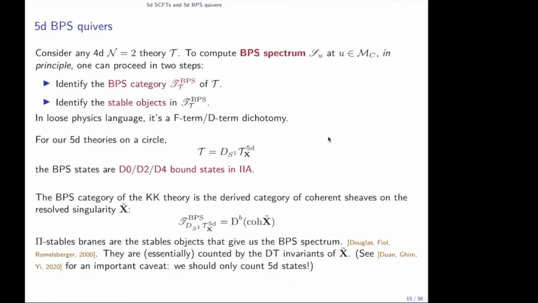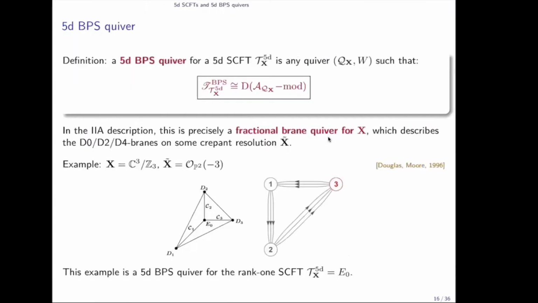Otherwise, you get some kind of states that are not right, like, as you've seen in some other talks, in DT type theory, even C3, the trivial singularity, would have associated BPS states if you want. But this theory in 5D SCFT language should be the empty theory, so we better not count that. All right.